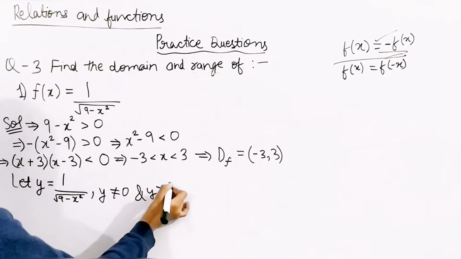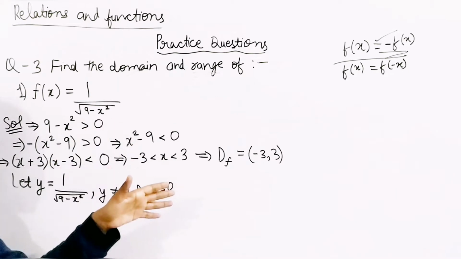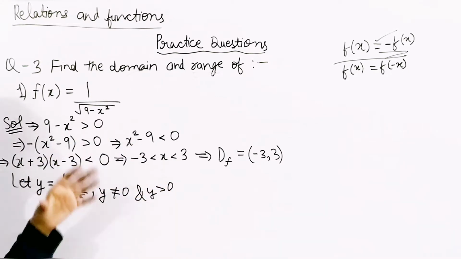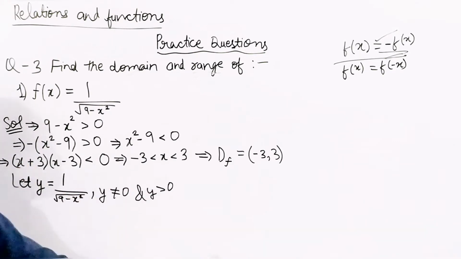Okay? So what I can say is that if we're having a particular value for x squared, then whatever the value of x squared is going to be, the value of y squared will be related to it. Let's see what's going to be the value of x squared.